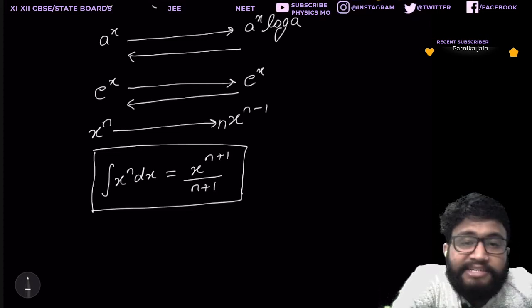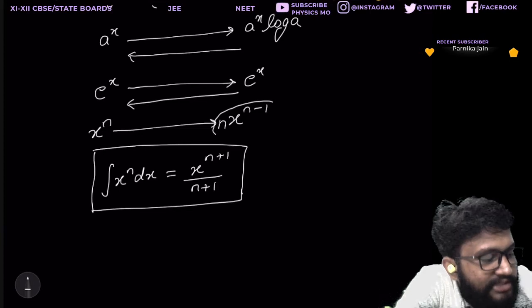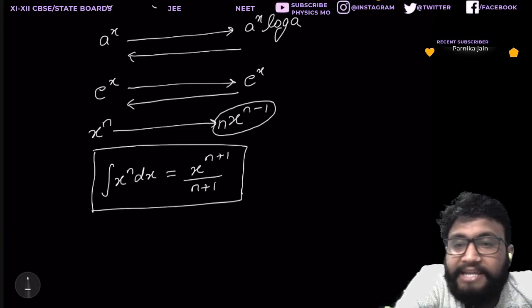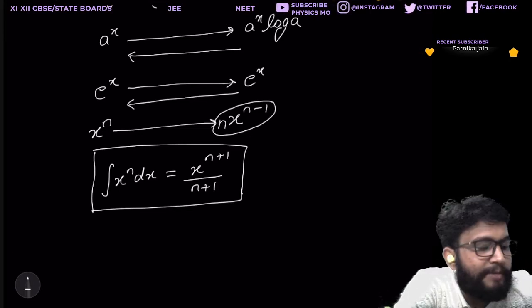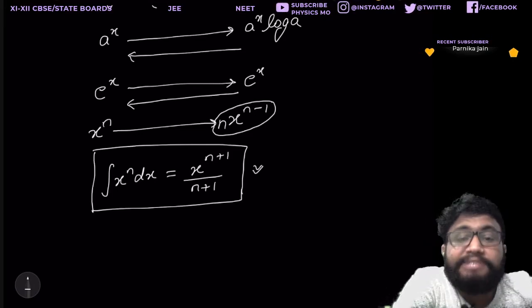This formula is written basically because you will not get the questions in the form n x raised to power n minus 1 where you just take it back. That is why we have learned that formula, although the method is the same.